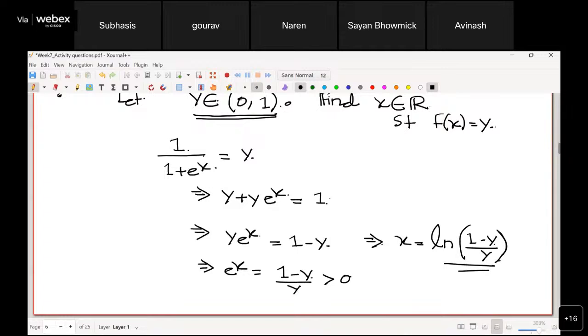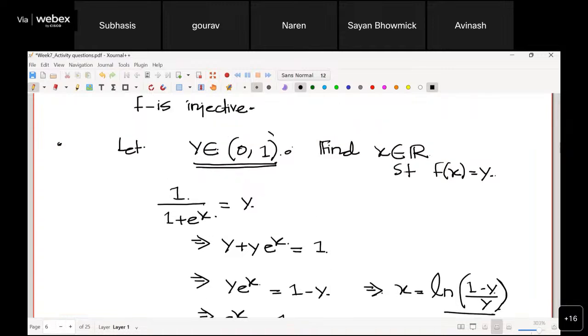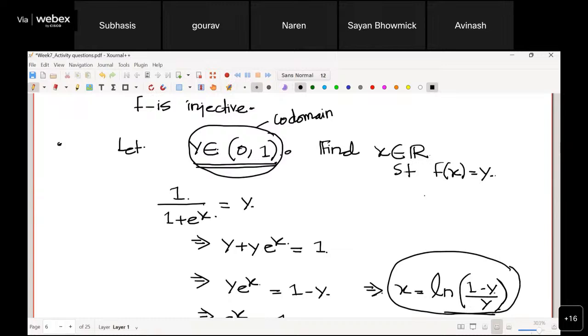So basically what I proved is, for each y in my codomain, if I pick any y in my codomain, this is precisely the pre-image of that y, right?